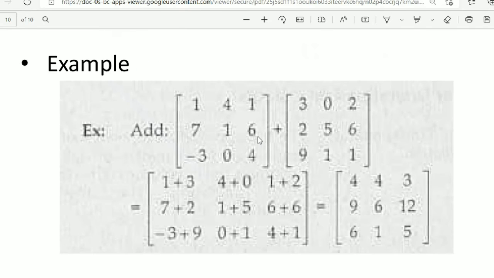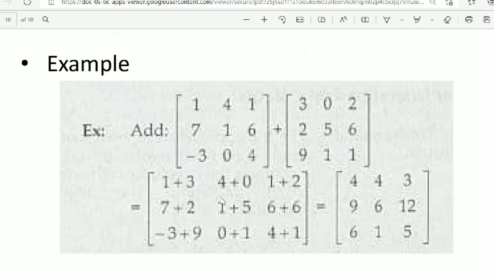So simply in adding or subtracting matrices, we add the corresponding entries, for this one, A11 and A11. So this is simply 1 plus 3, 4 plus 0, 1 plus 2, 7 plus 2, 1 plus 5, 6 plus 6, negative 3 plus 9, 0 plus 1, and 4 plus 1.